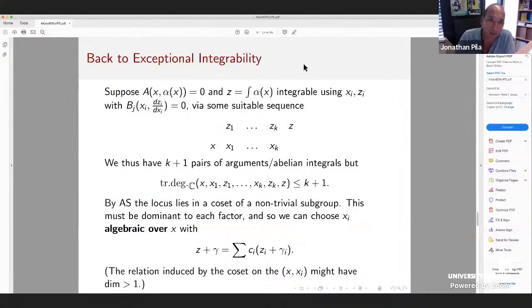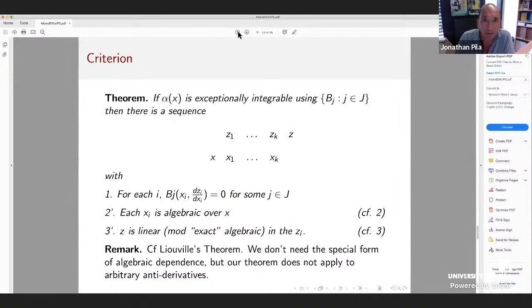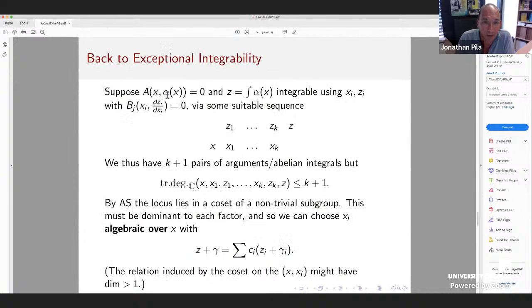Because what happens if the algebraic function alpha defined by the polynomial A and its abelian integral z is integrable using some xi's and zi's, which are abelian integrals defined by the capital Bj's.